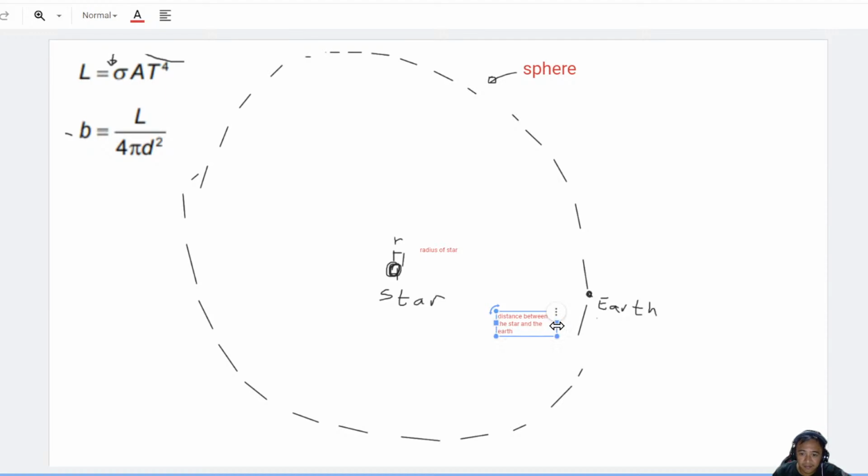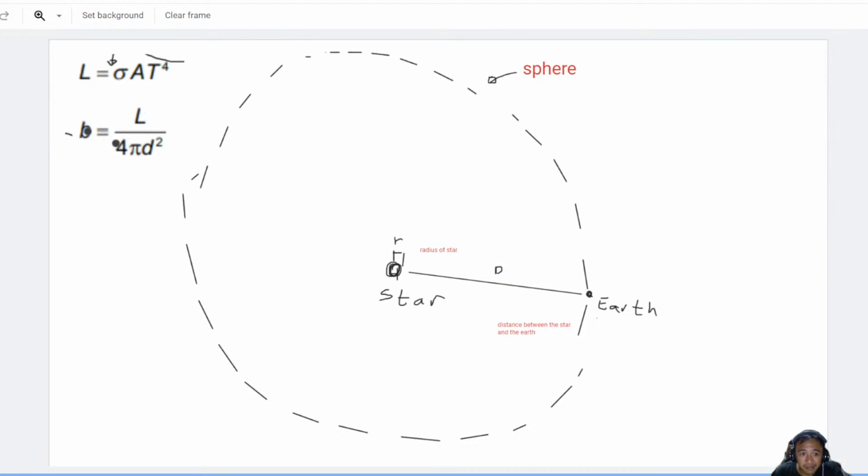Now you will notice we don't really use the word sun here. We don't use the sun as our measurement. We always use the earth. The simple reason is we're on earth. We're not on the sun.